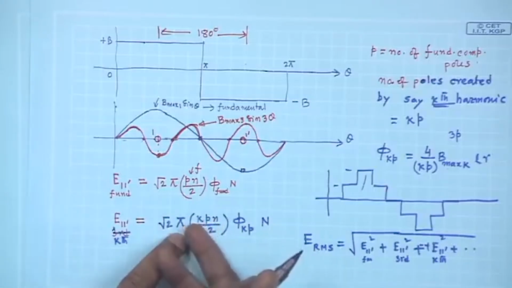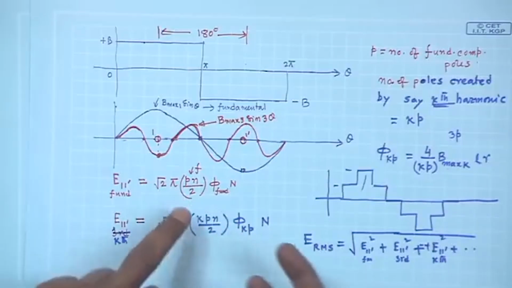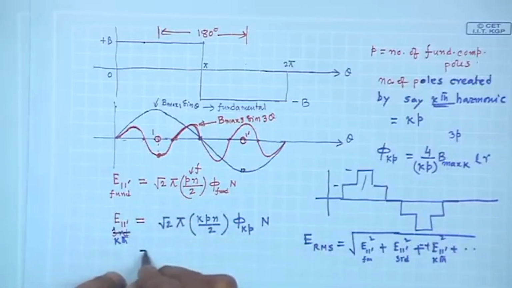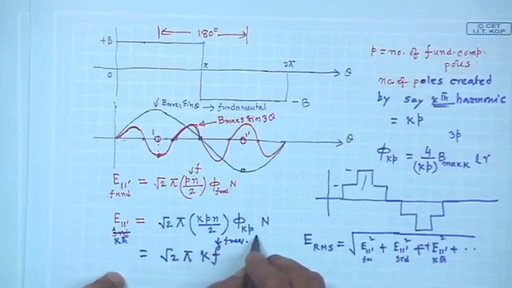So, p should be replaced by k p wherever it is there, n by 2, and this one therefore looks like root 2 pi k into f, where f is the frequency of the induced voltage due to the fundamental, and this is phi k p.